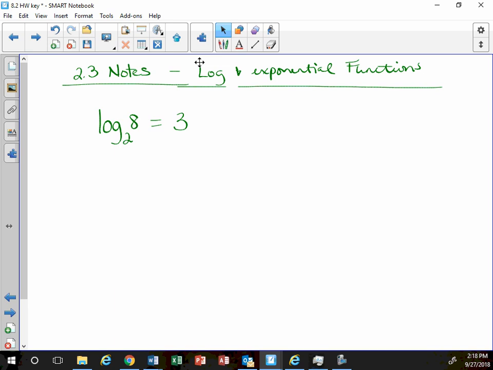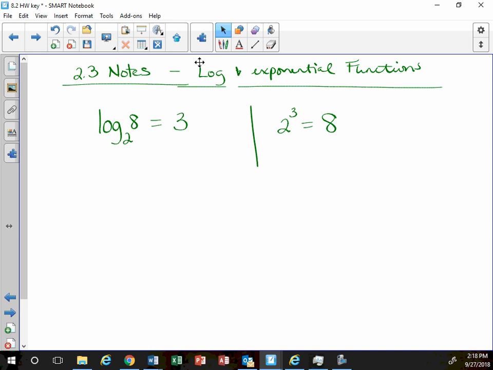Whatever your base is still the base in exponential form. This is the exponent, this is what it equals. Some of you are fine with that, you know that from Algebra 2, that's great.